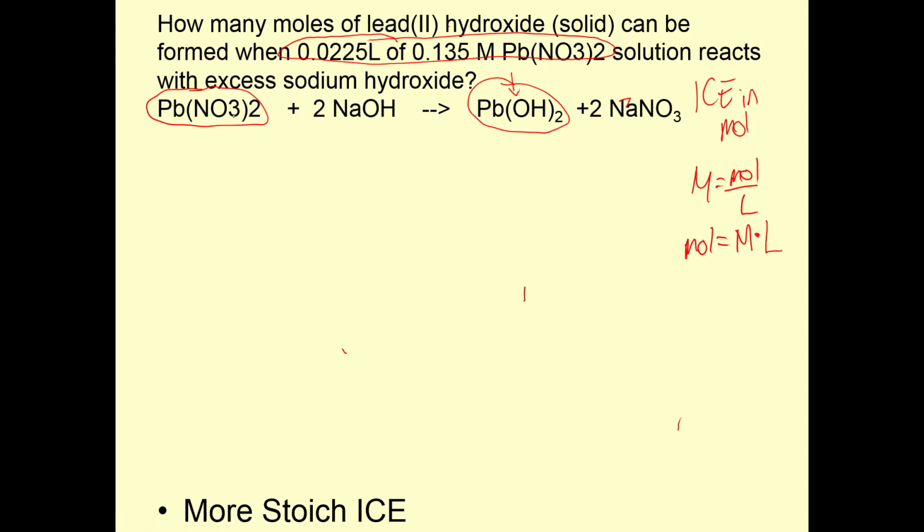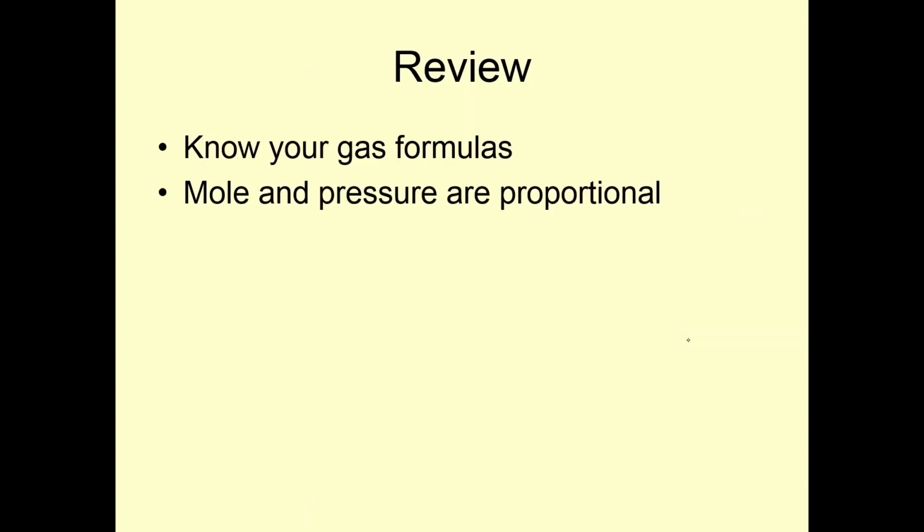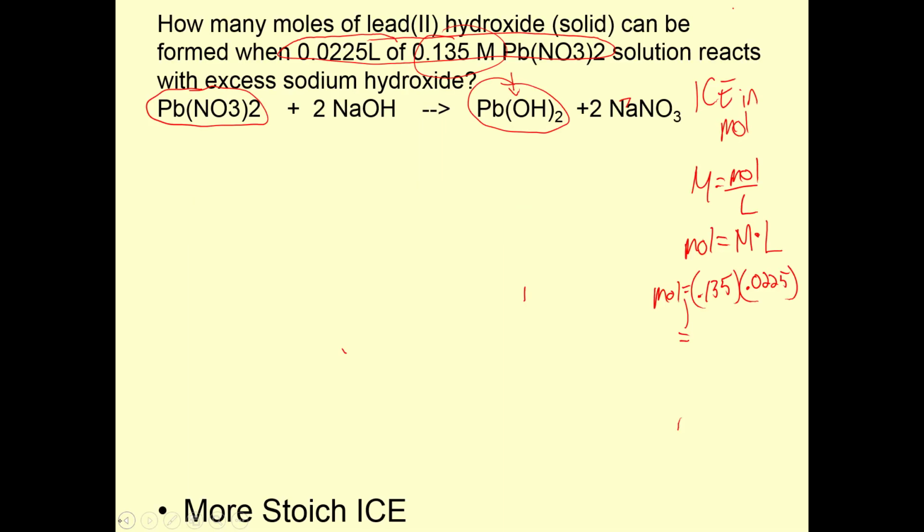So if I want moles of lead nitrate here, moles equals the molarity, 0.135, times the volume, 0.0225. 0.135 times 0.0225 is going to be 0.00304 moles of lead nitrate.